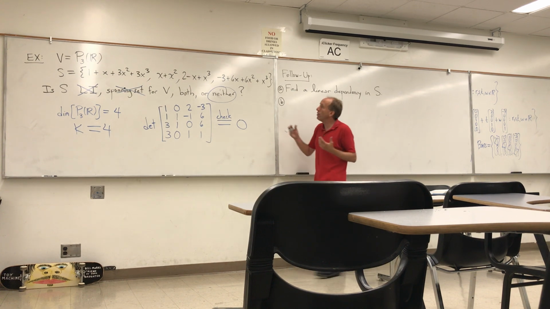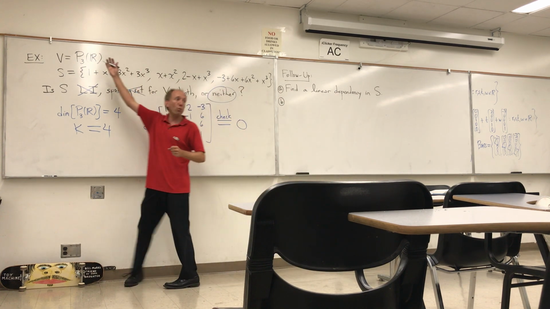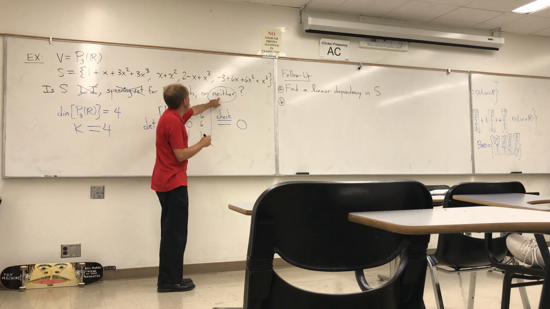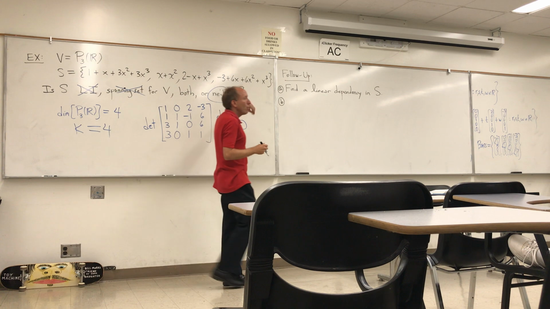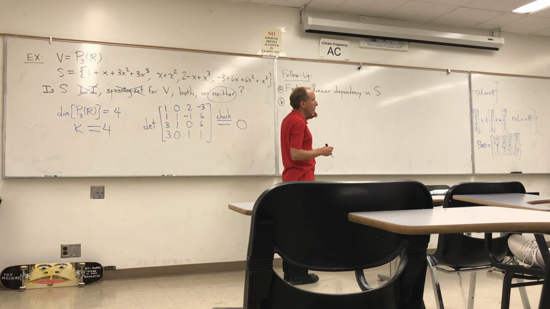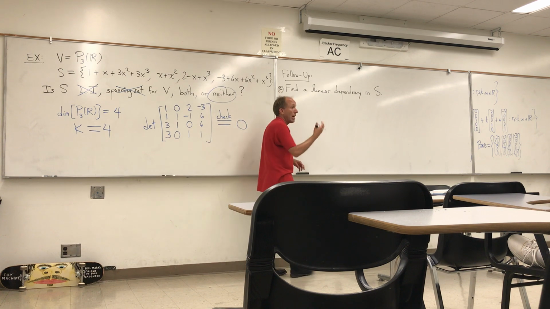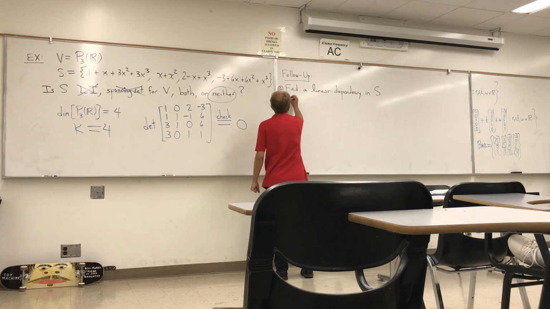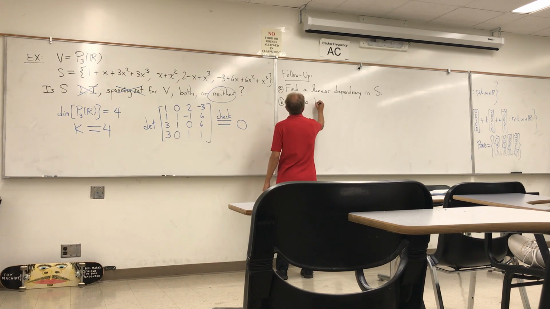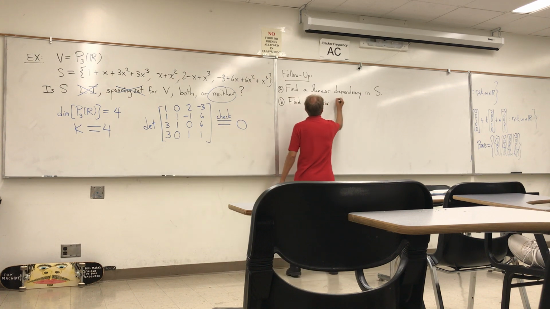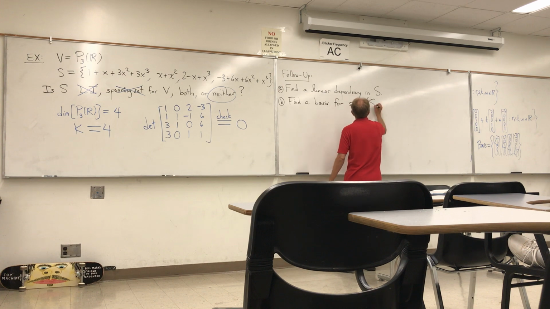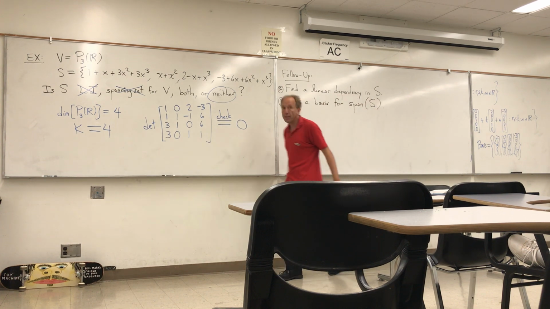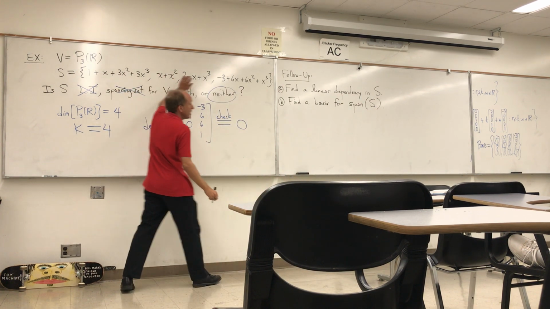I know, however, that that subspace is not the whole V, because we've already said that it's not a spanning set for V. So the question then becomes: this does form a subspace, so there's got to be a basis for it. Find a basis for the span of S. It just means all four of these guys.